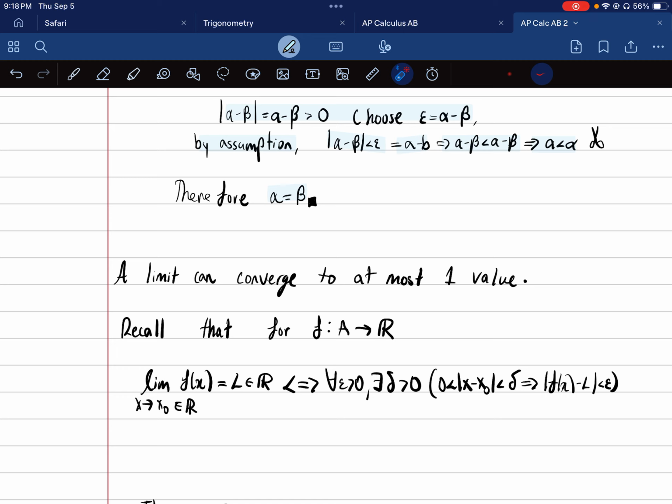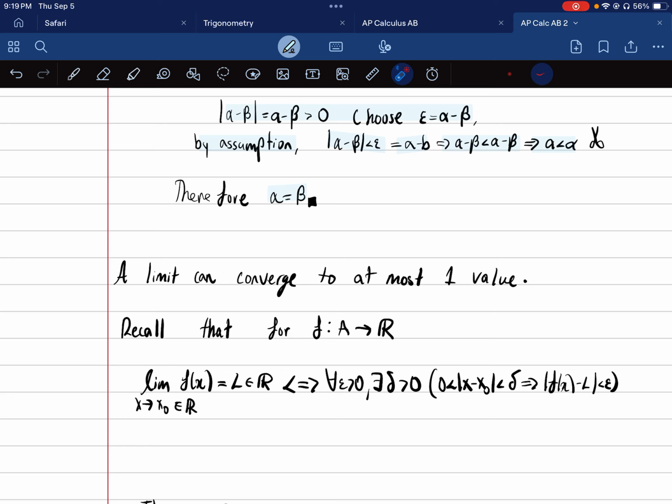Recall that for real f, the limit as x approaches x naught of f of x is equal to L, which is also a real number, if and only if the following definition is true. We also have the case where x naught is not a real number. This shouldn't affect our proof too much, as I'll explain what's different, but actually it doesn't matter.